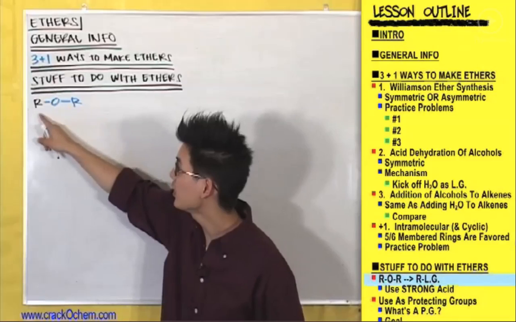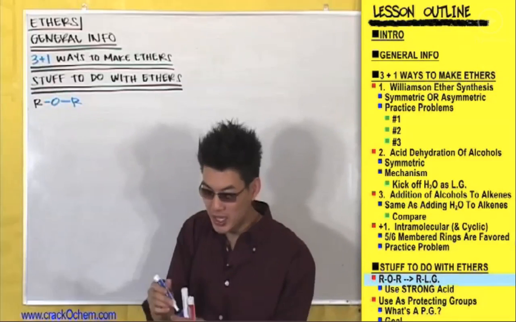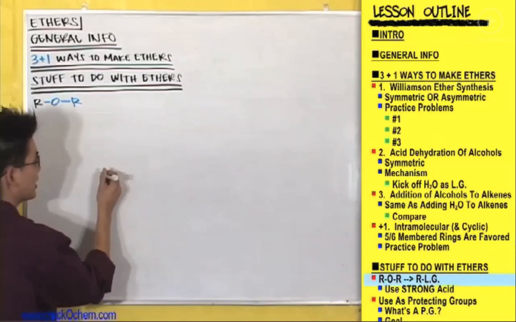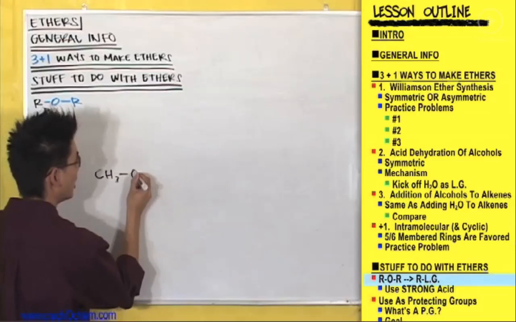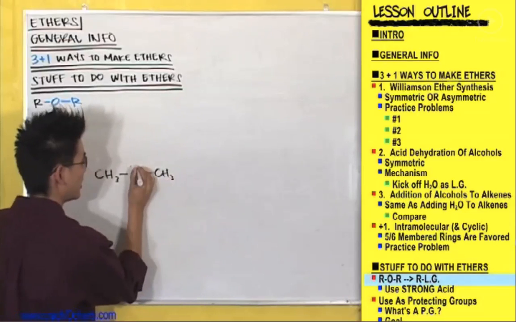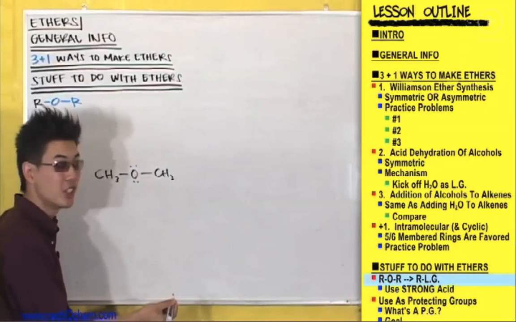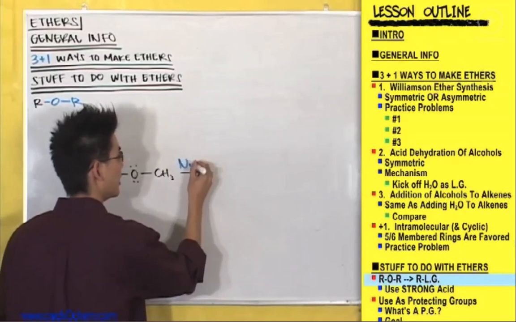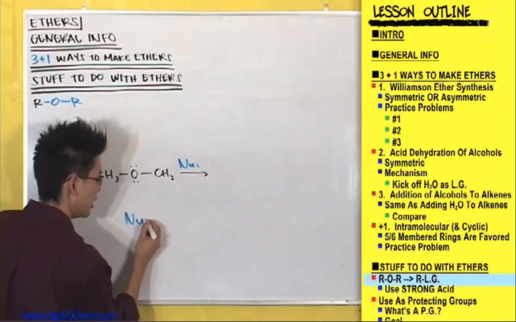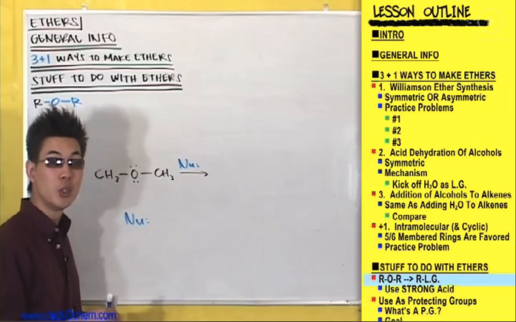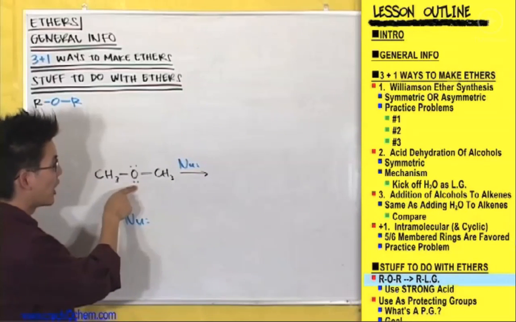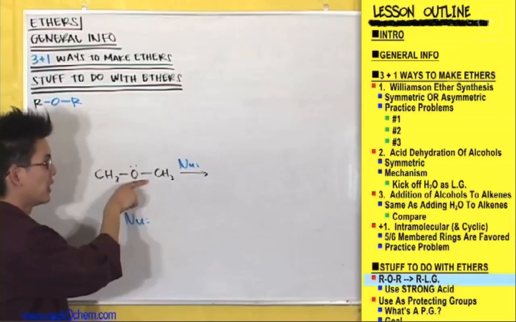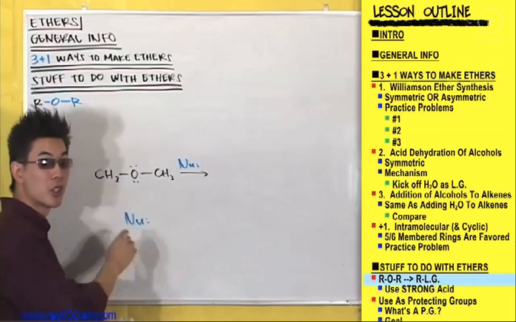Because right now as an ether, this thing is very unreactive. If you take an ether, such as say CH3OCH3, and you try to do an SN2 reaction on this thing with a nucleophile, so say you try to do a SN2 reaction and you try to say, okay, oxygen is more electronegative than carbon, it's pulling electrons away from carbon, making this carbon partially positive.